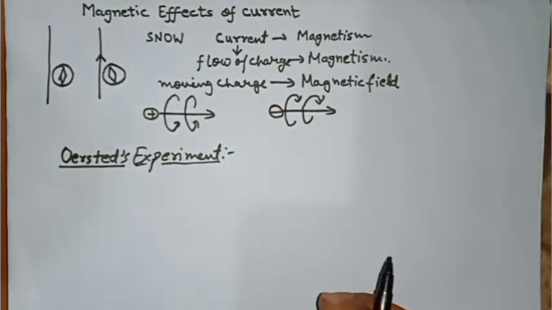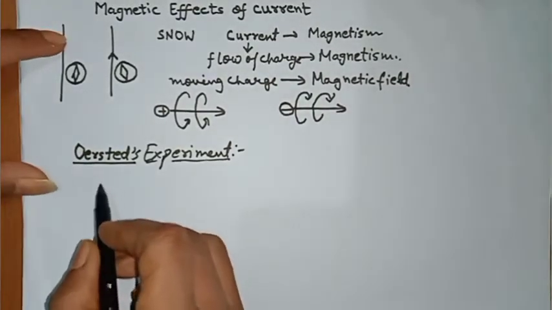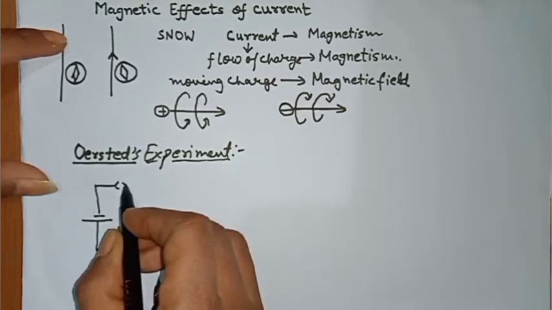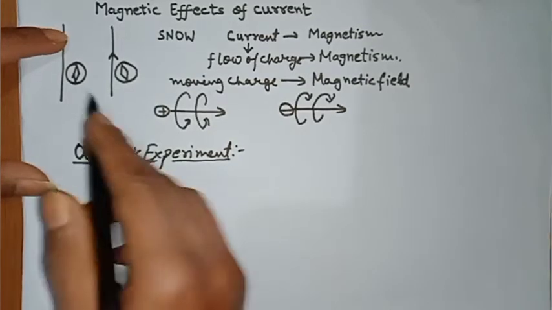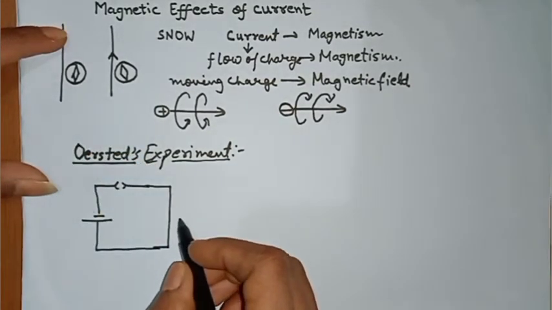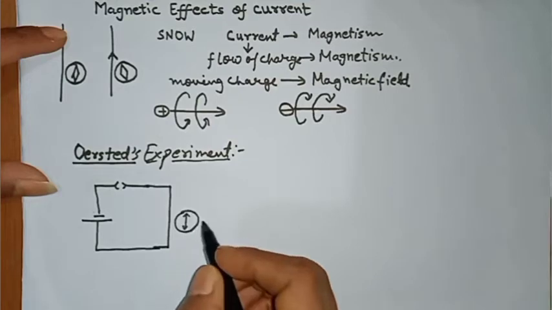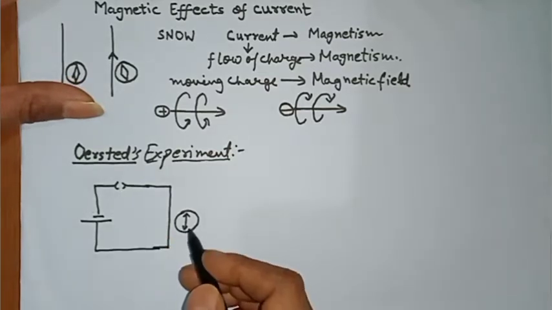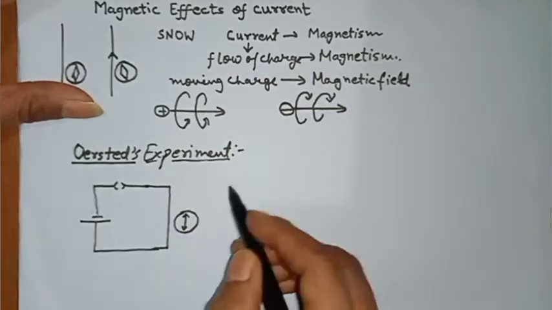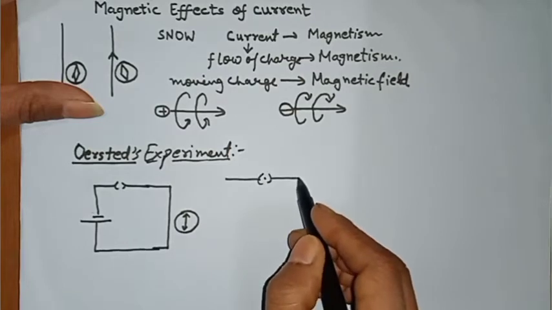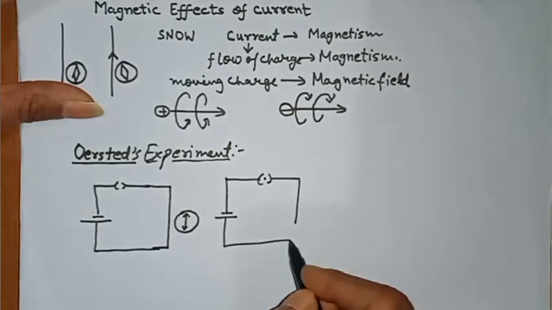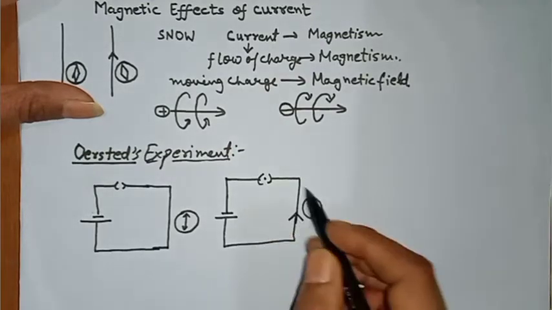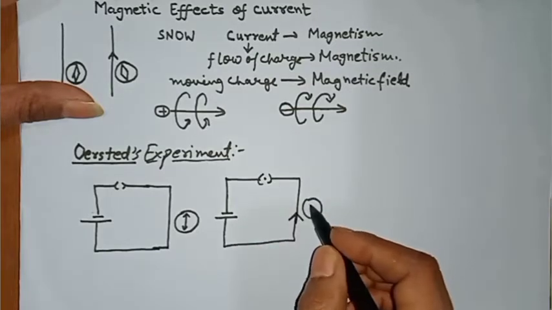So in Oersted's experiment, there was a cell connecting some switch, and there's a wire, as I have shown here. So when there was no current, the key was open, the needle was showing its usual direction, but when the key was closed, current started to flow through the circuit, and there was a deflection.